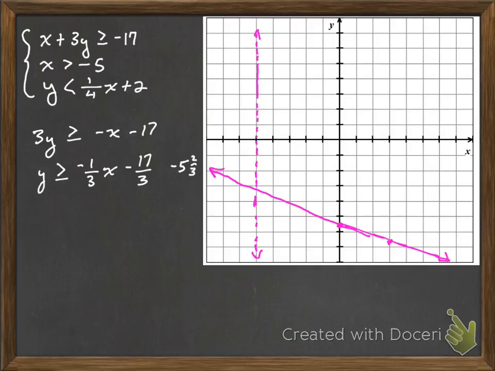All right, so now we have one more inequality on this, and it's already in slope-intercept form, so let's go ahead and graph this. y-intercept of 2, and then up 1 and over 4 for your slope. It's going to be a dashed line.